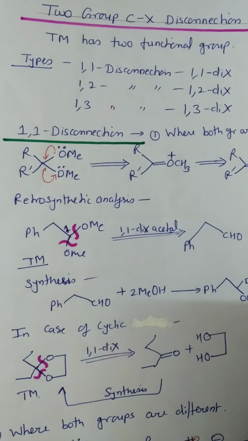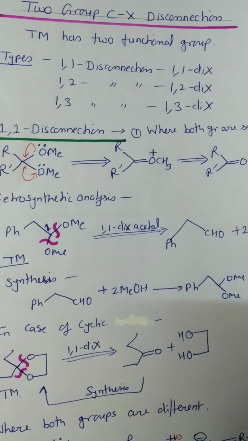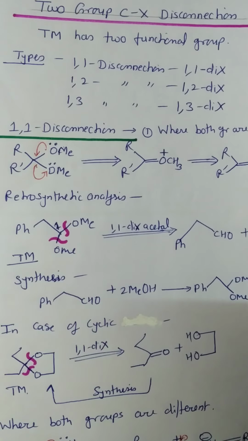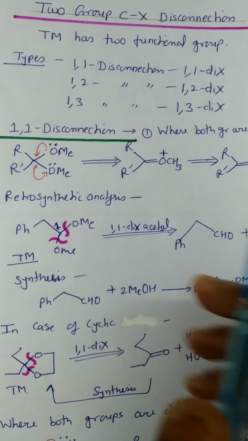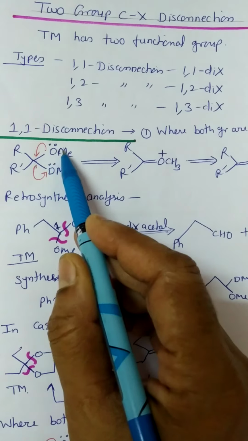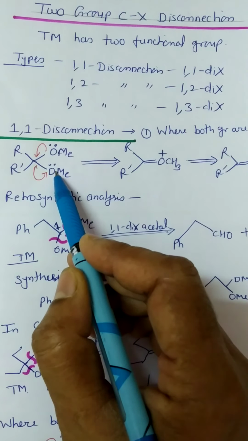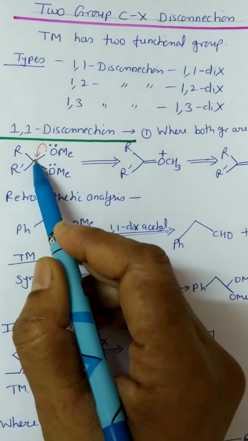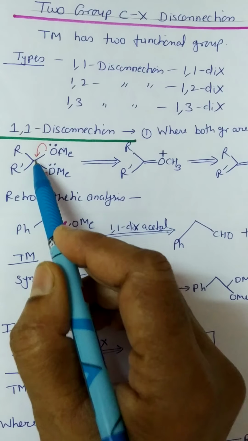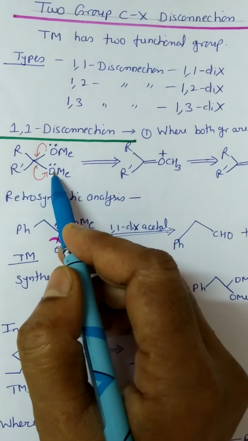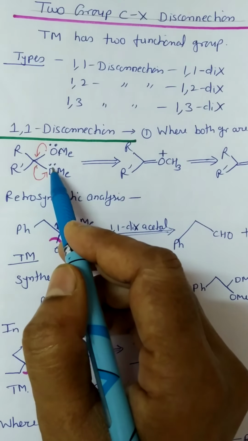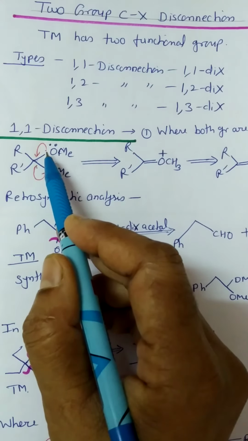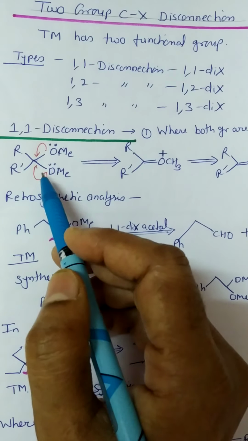Now let us see 1-1 disconnection when both groups are the same and present at one carbon atom. Here the OMe group and here the OMe group are both the same groups and present at carbon 1, the same carbon atom, and on disconnection this group is removed with its lone pair of electrons and therefore helps in disconnection of this OMe group.